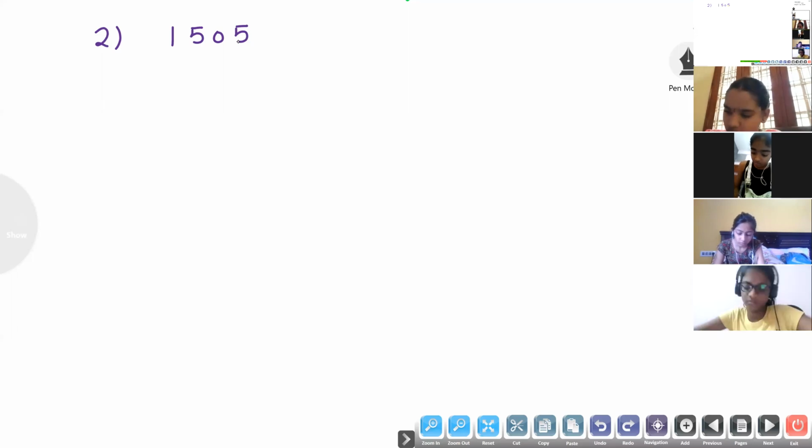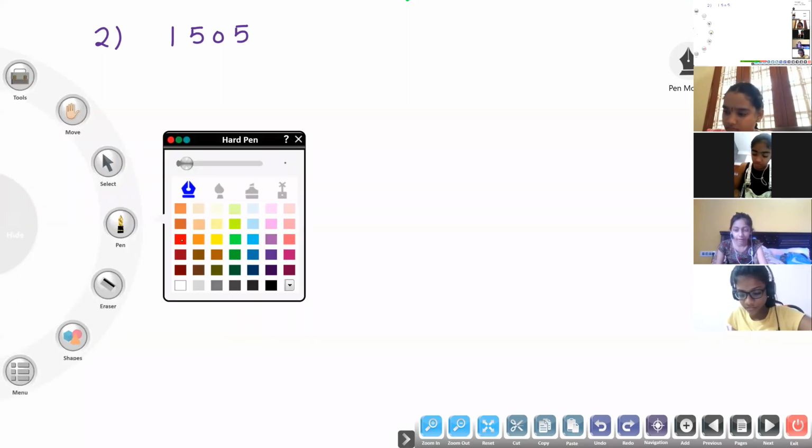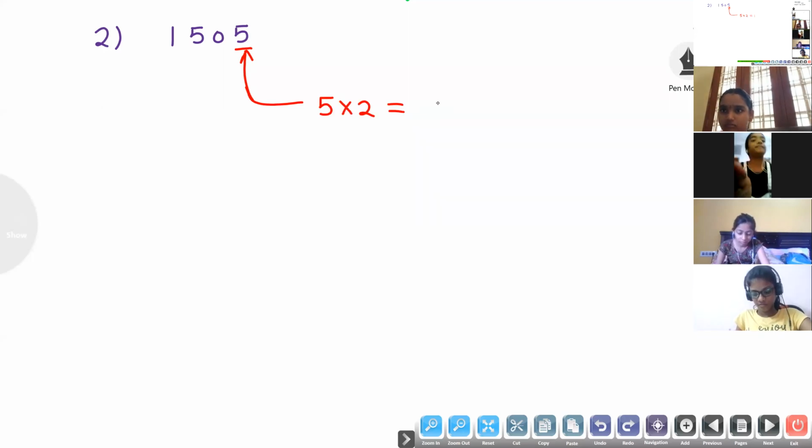What is the first step? Double the last digit. Last digit is here 5. Double of 5 will come what? 5 into 2, 10. After doubling the last digit, remaining digits are 150.